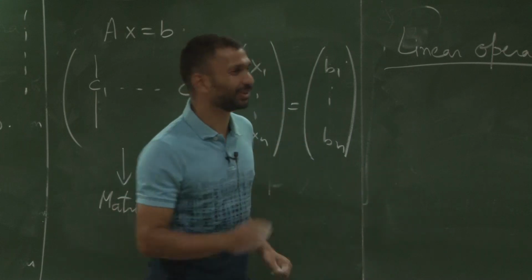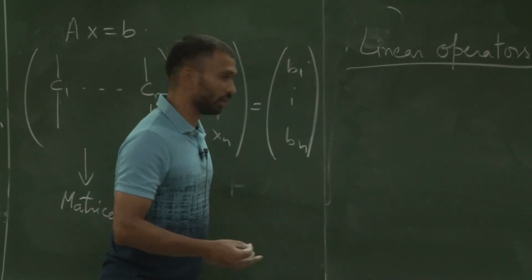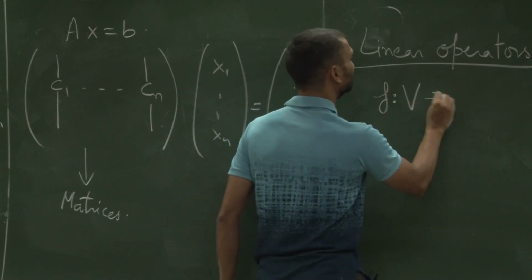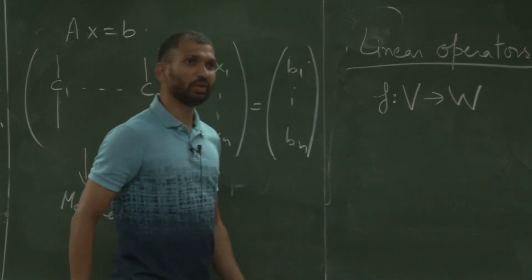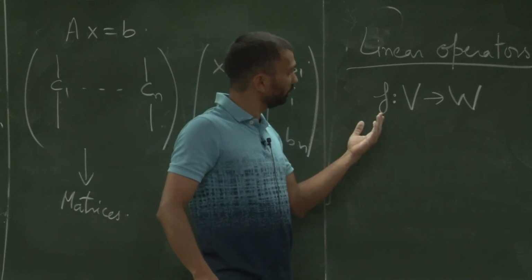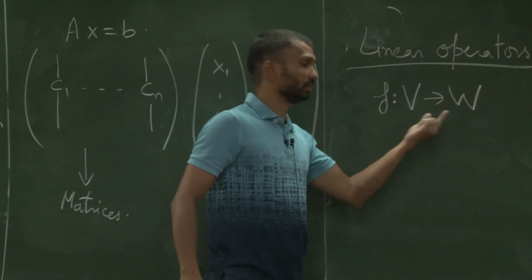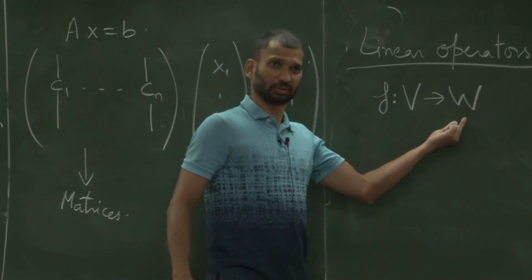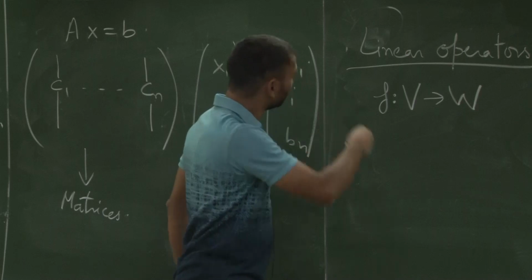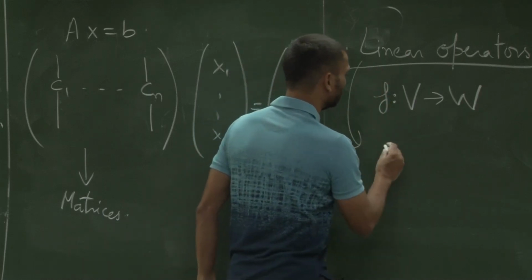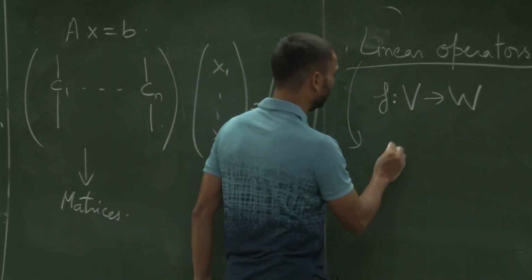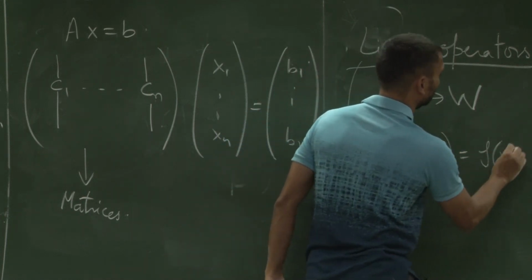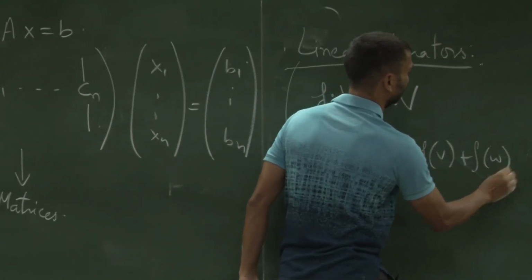Some constraints. Okay, yes. So operator means I am looking at some function from a vector space V to a vector space W. Operator means for any vector v here, there is an image in vector space W. And then if I talk about a linear operator, that means a linear operator acts linearly.